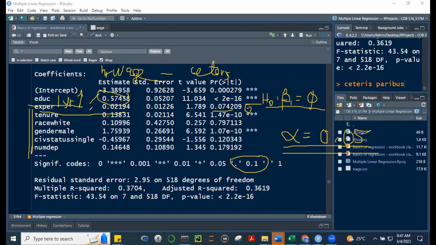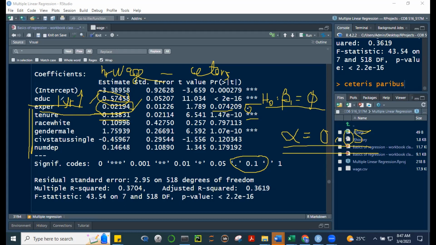So experience is not statistically significant, which means that it's possible that this value is equal to 0. Random chance lang naging 0.02. And then how about tenure? Tenure is statistically significant at the 0.001 level, and its value is 0.138.